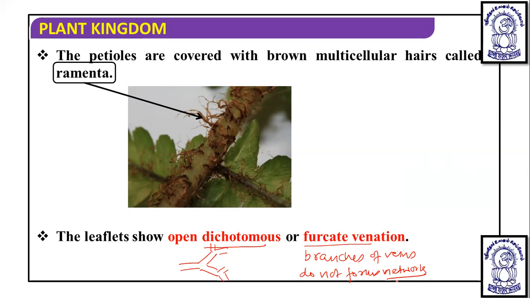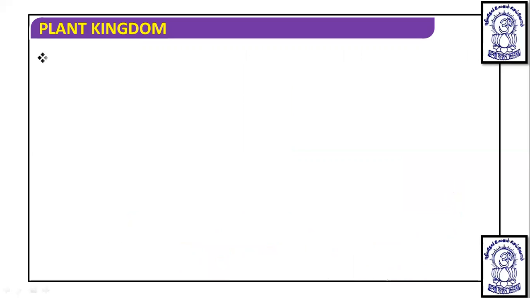But in this, they are not going to form a network. Suppose this is a leaf or leaflet. In this, these are the veins, and these are the vein branches. But these vein branches are not forming a network. Because of this, it is known as furcate venation.